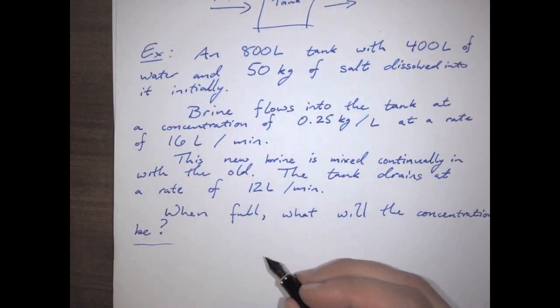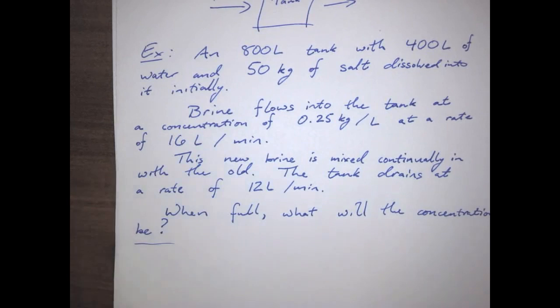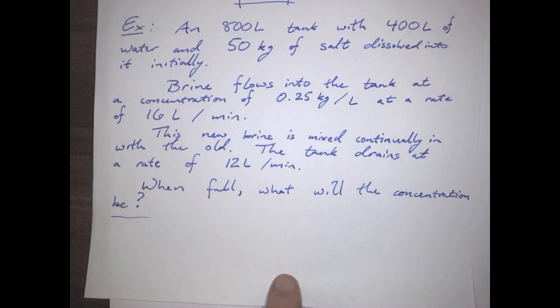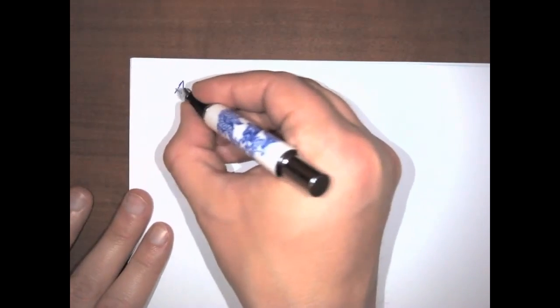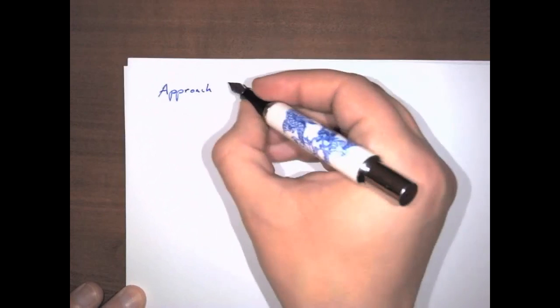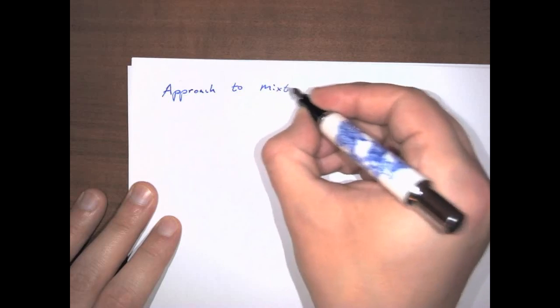We have brine coming in, we have a tank, we have brine flowing out. So here now is going to be our approach. Give me a second to write that all down. So here's the approach to this and all mixing problems. The approach that we'll use to all mixing problems, or mixture problems.